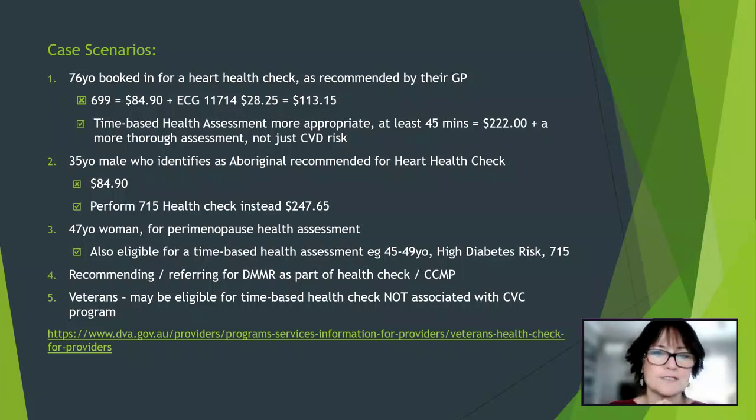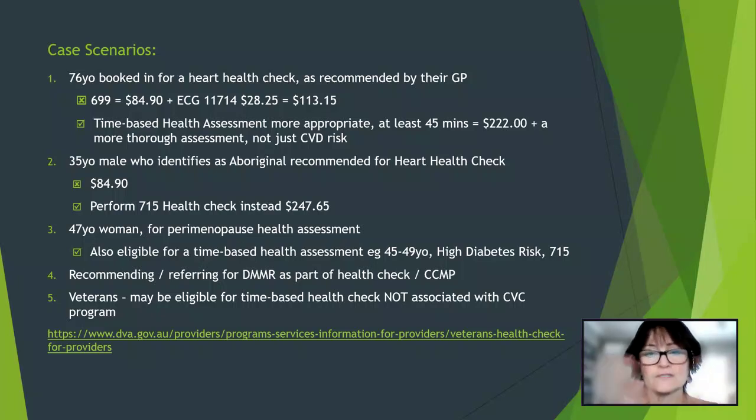Next case scenario, we have a 47-year-old woman who has come in to have a perimenopause health assessment. Now, we can actually do another time-based health assessment for someone in this age group. So if you refer back to the MBS item number descriptor, which is 695 for the perimenopause health assessment, you can go ahead and do that and bill that.